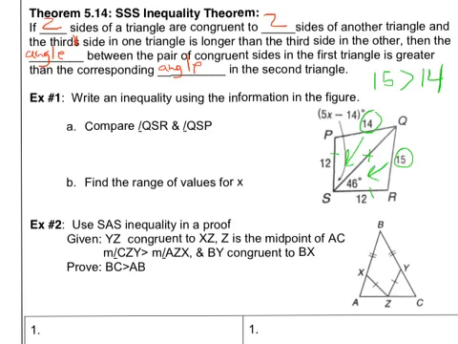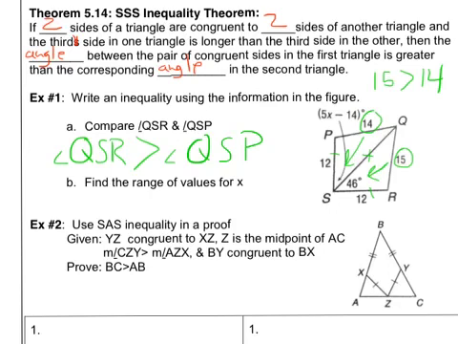So, for example, QSR, which is this angle right here, angle QSR, has to be greater than angle QSP, because angle QSR is opposite of a side length of 15, and QSP is opposite a side length of 14.